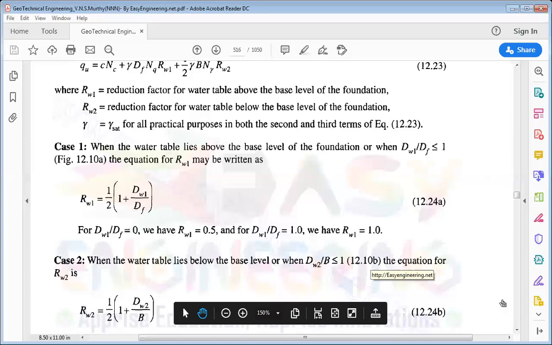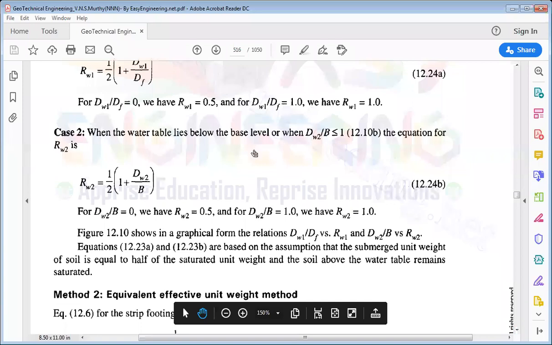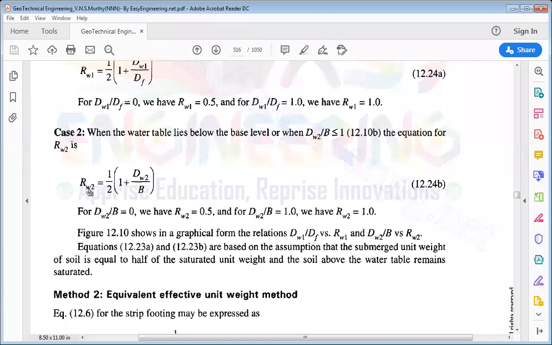In the second case, when the water table is below the base of the footing and at the depth of Df plus B, Rw2 is given by half times 1 plus Dw2 by B.